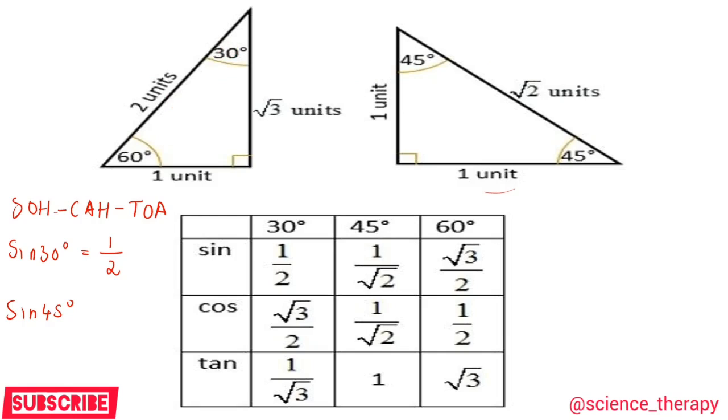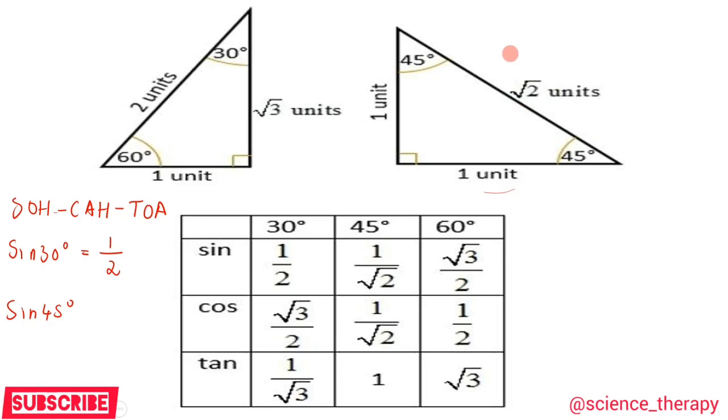So for sine 45 degrees, if you reference from any 45 degrees, the opposite of this 45 degree is 1 unit, and also the opposite of that 45 degree is 1 unit. So you can reference from any angle here. That's 1 unit over the hypotenuse, which is root 2.